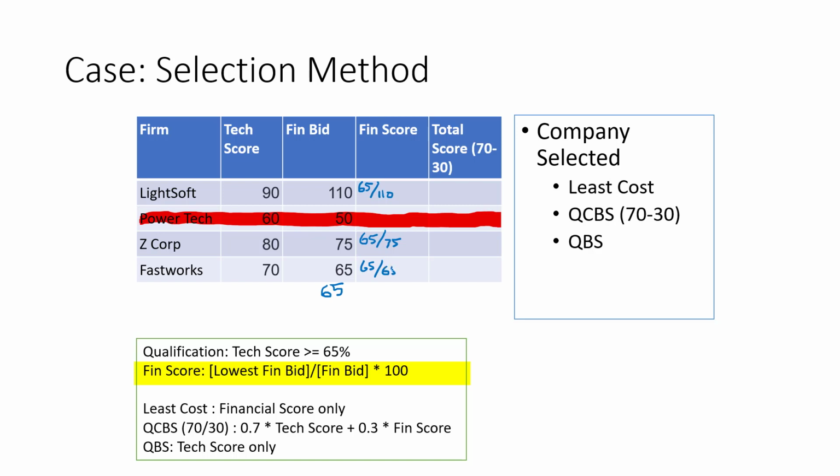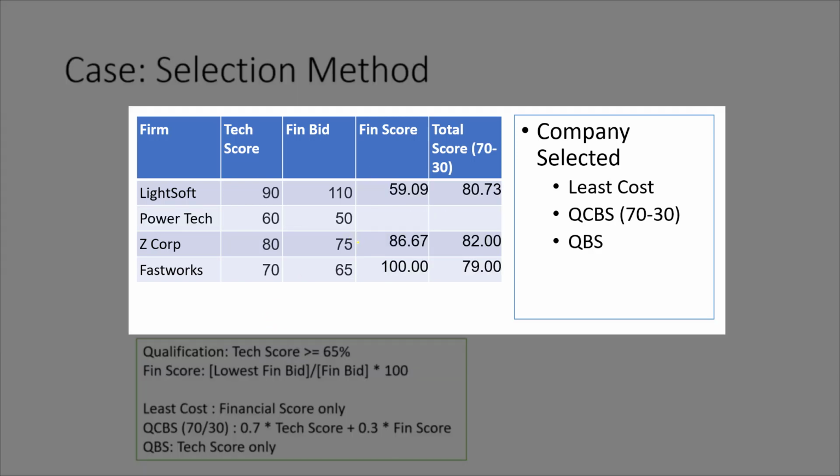Finally, to calculate the composite score, we multiply the technical scores by 0.7, and we multiply the financial scores by 0.3 because we're using a 70-30 in the QCBS. So this gives us the scores for financial and also the total composite score.